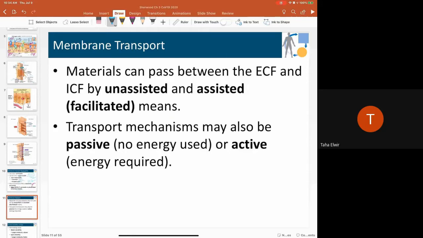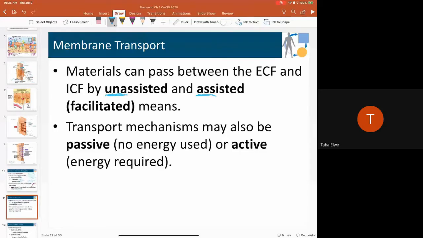The unassisted transport and then assisted transport. If a material can pass through a channel, like a sodium channel, then it can do so with no help.